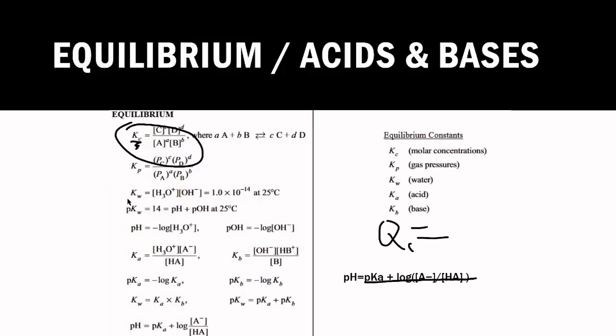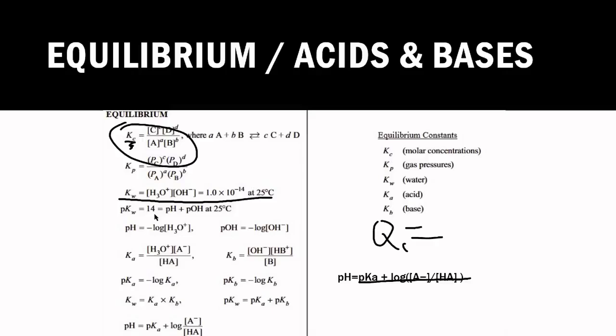And what else? So Kw, we know that the equilibrium constant for water is 1e negative 14 at the ideal temperature, 25 degrees Celsius. And pKw is just 14.